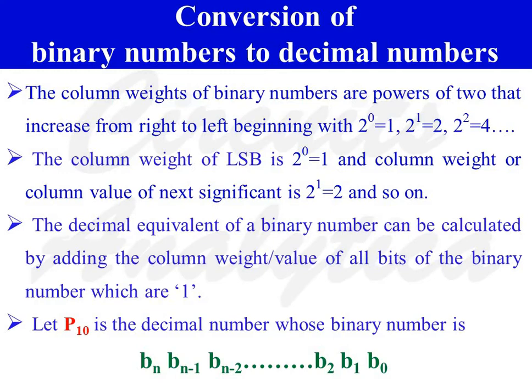The decimal equivalent of a binary number can be calculated by adding the column weights of all bits of the binary number which are 1.